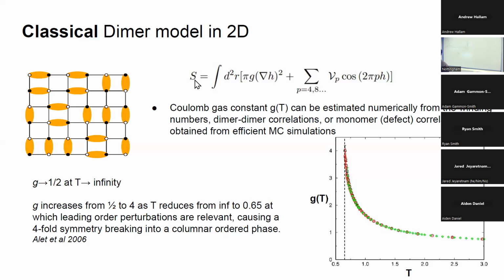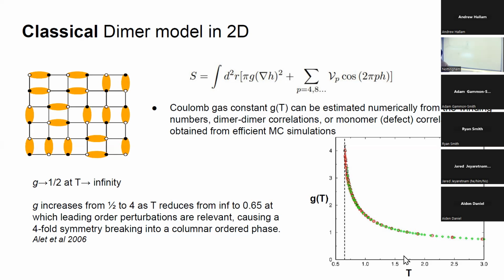The height can be related to the dimers as a vertex exponential of the height function plus a gradient term, and using that you can calculate the dimer-dimer correlation function, and compare it to the correlation function that you can get numerically using Monte Carlo. From there you can get an effective value for G as a function of the interaction strength between the dimers, and using this you can map out G as a function of the effective interaction strength V by T.